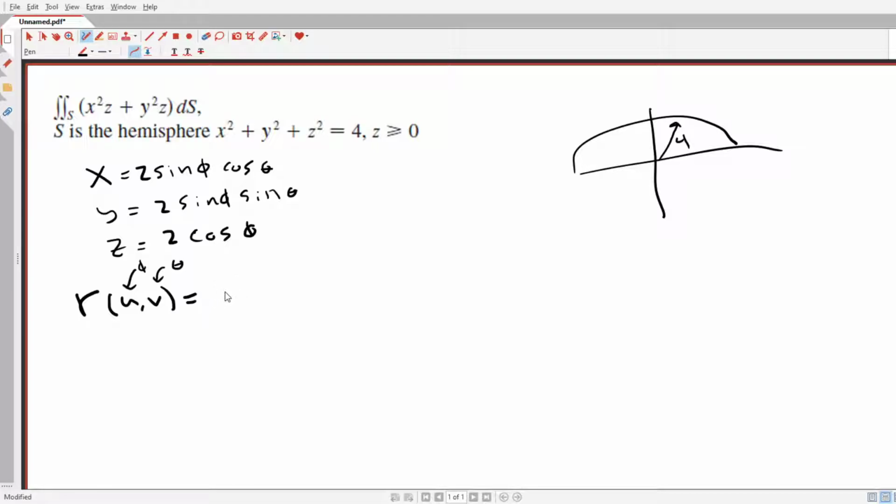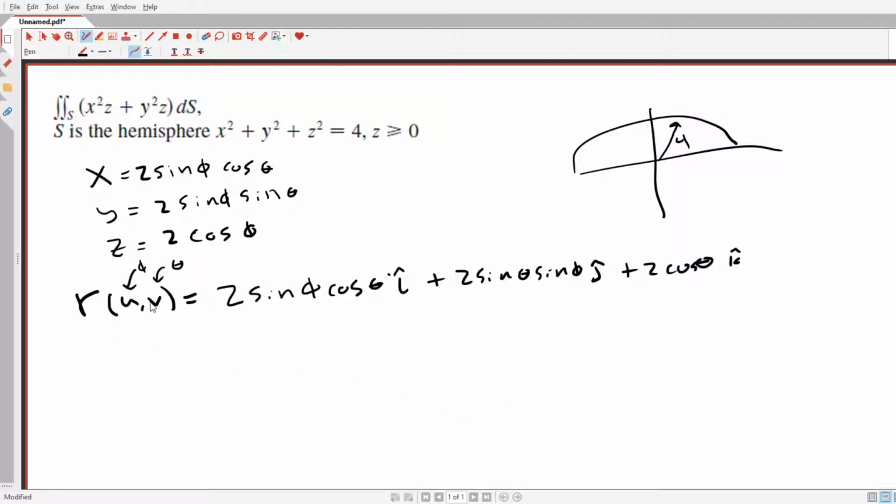So this is 2 sine phi cosine theta i, plus 2 sine phi sine theta j, plus 2 cosine phi k. This describes my surface in terms of u and v.